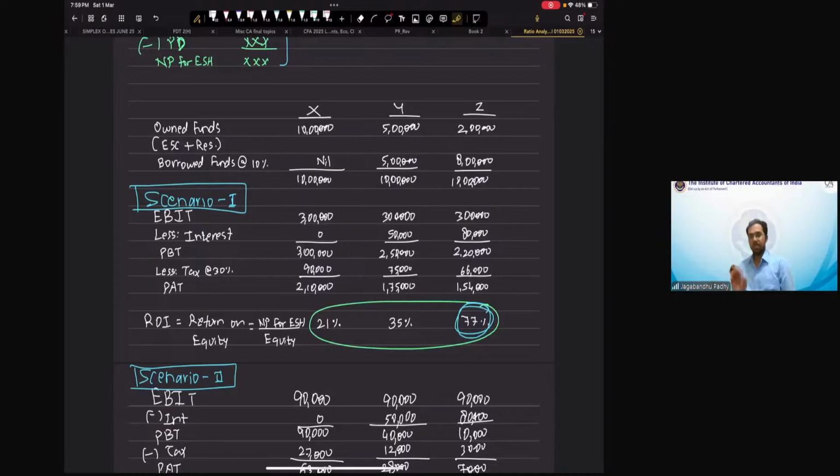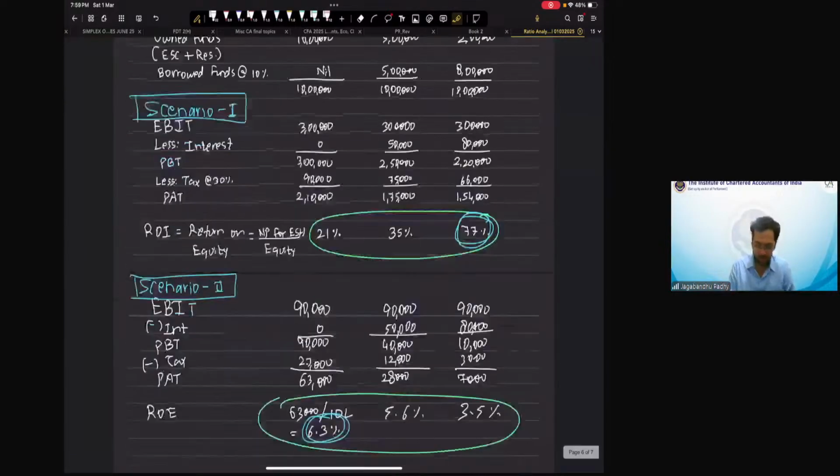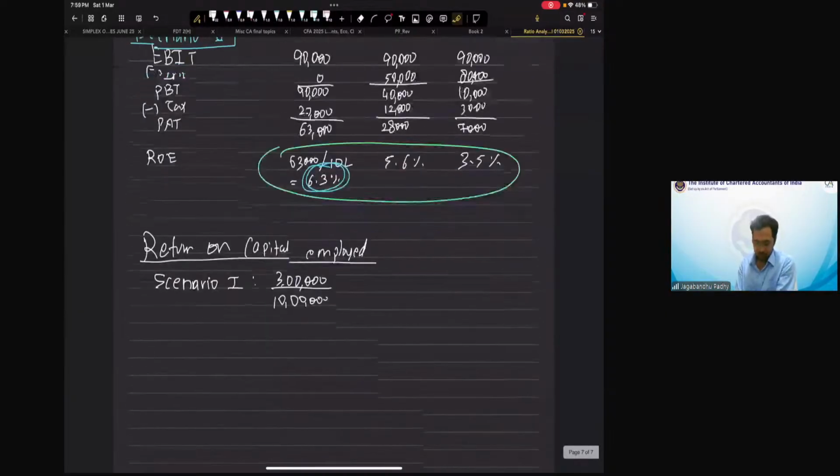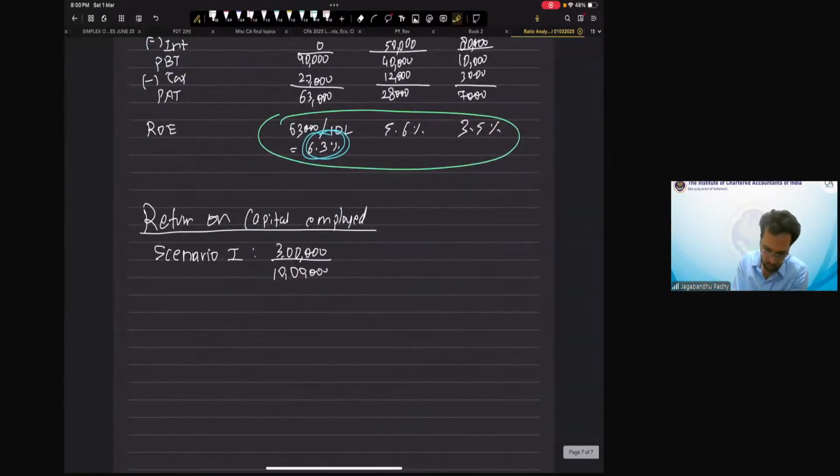And on that 10 lakh, they were earning 3 lakh. So in scenario 1, what's the percentage rate of return that you're earning? 3 lakh out of 10 lakh. Can I say that is 30%? Right? So business was giving you a return of 30%.